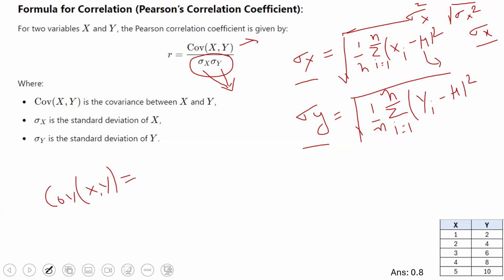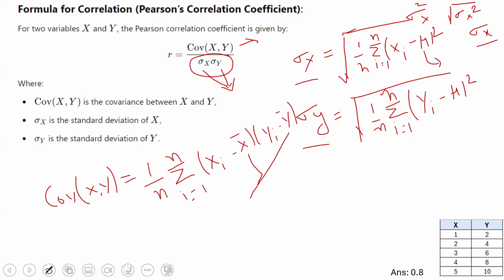Chintu? 1 by n, summation from i equals 1 to n, (xi minus x bar) into (yi minus y bar). What are x bar and y bar? Mean. Mean of the data points.